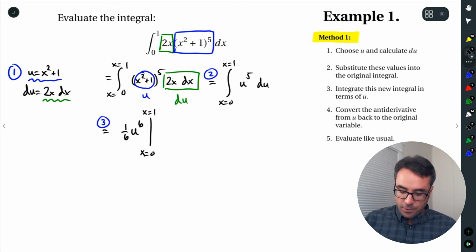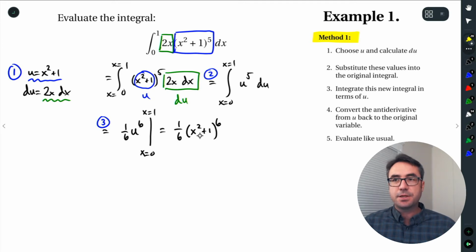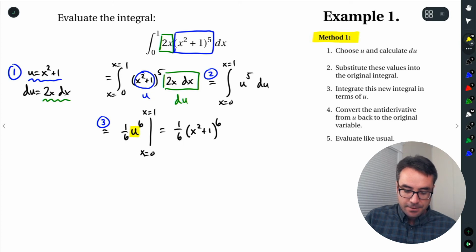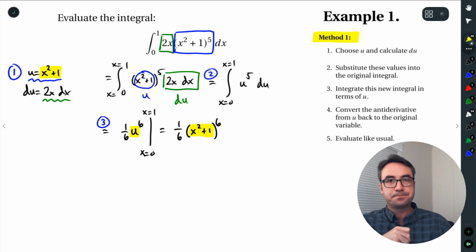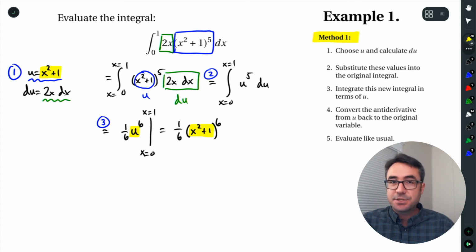Then step 4, convert back to the original variable. Instead of u, I'm going to plug back in my x squared plus 1. So our antiderivative, back in terms of x, is 1 over 6 times (x squared plus 1) raised to the power 6.